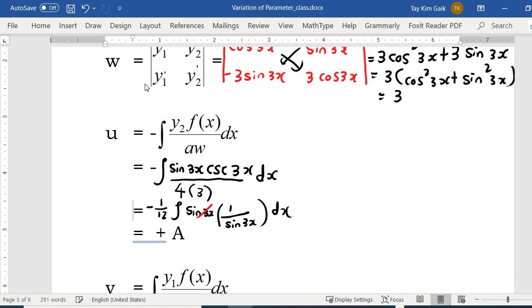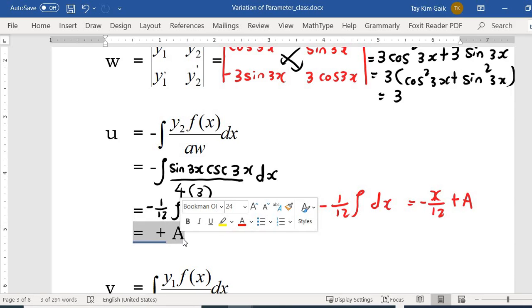So sin 3x and cosec 3x can be cancelled. So you have only negative 1 over 12 dx. Integrate 1 with respect to x, you will get x, plus a constant a here.